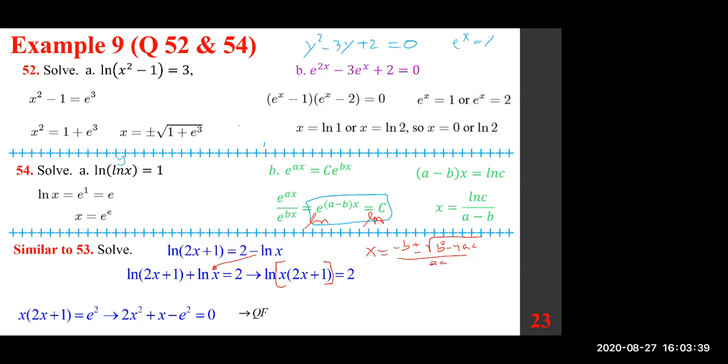x is minus b plus or minus the square root of b squared minus 4ac over 2a, where a is 2, b is 1, and c is negative e squared.